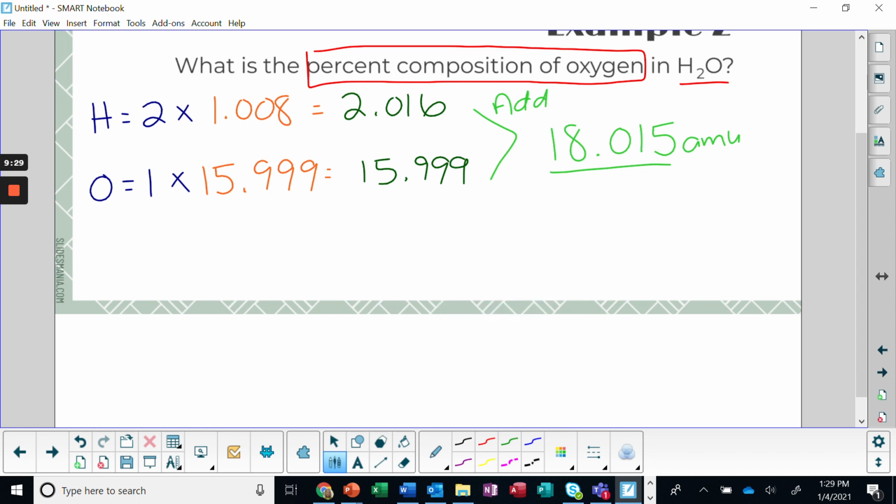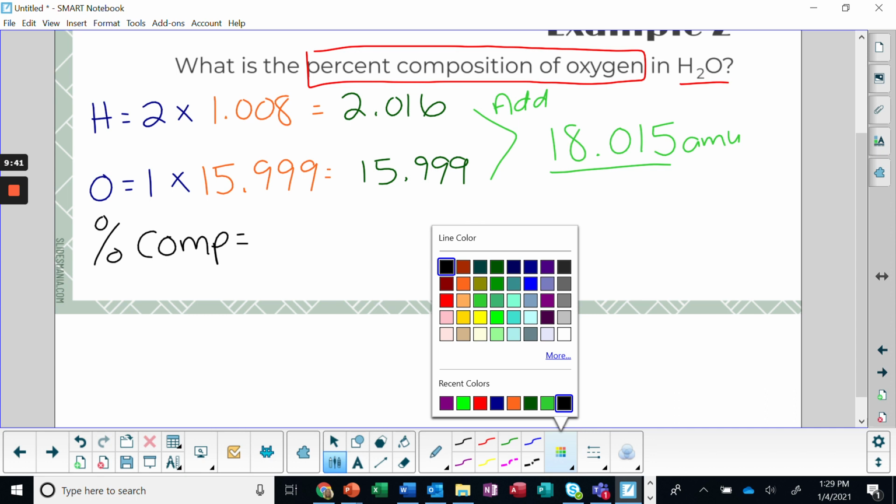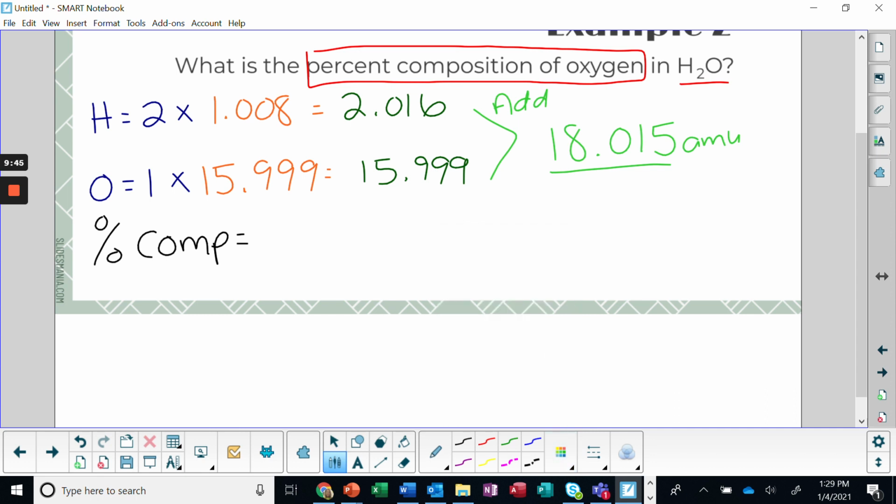So we get, so percent comp is equal to the mass of the element on top, right? So the one that I have is oxygen, so I need this one.